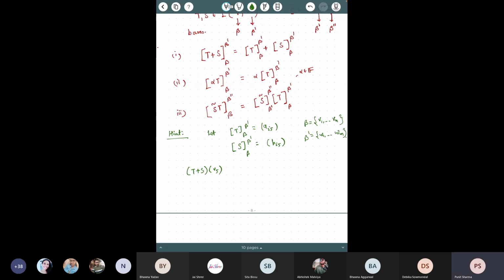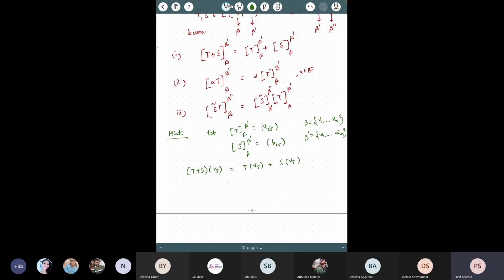Then you have to find the image of the Vj's under T plus S, and write it in terms of the basis vectors of B dash. So (T plus S) of Vj would be T of Vj plus S of Vj. We can write it in this way just by the definition of T plus S.